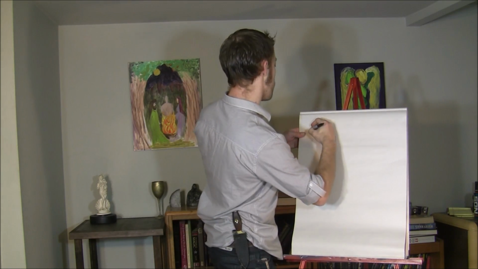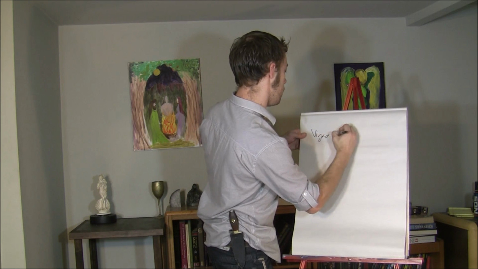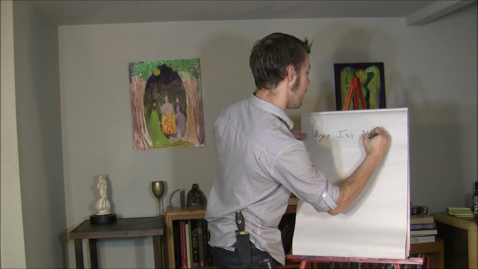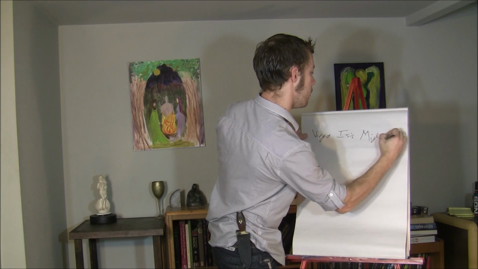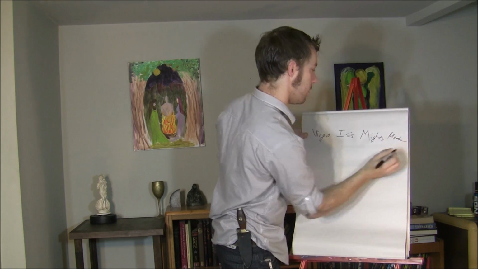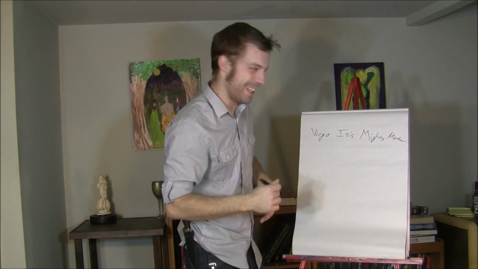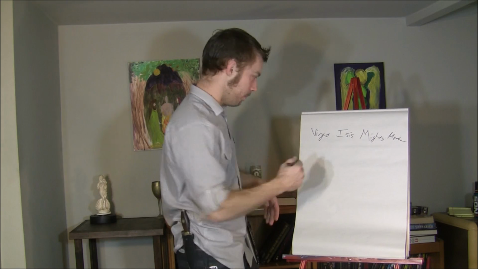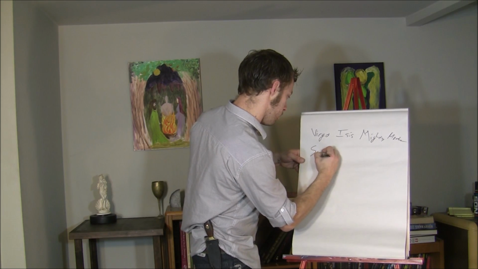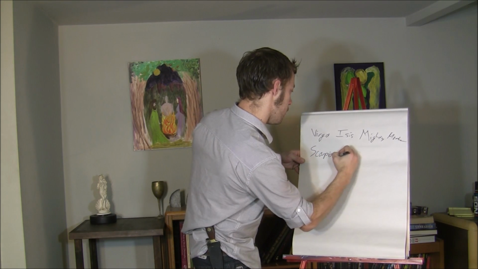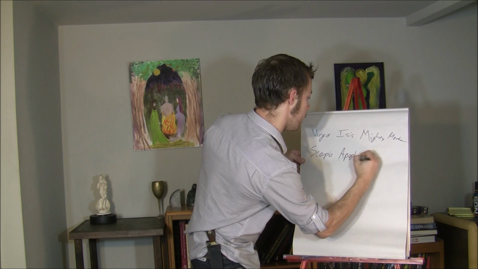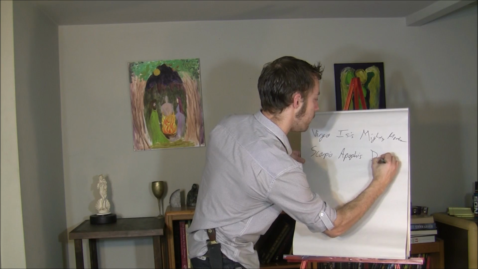So we have Virgo for Isis, the mighty mother. Then we have Scorpio for Apophis, the destroyer.